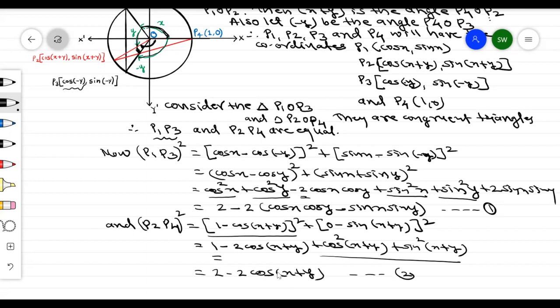Now student, P1P3 and P2P4 are equal, we have already proved that, so their squares will also be equal.